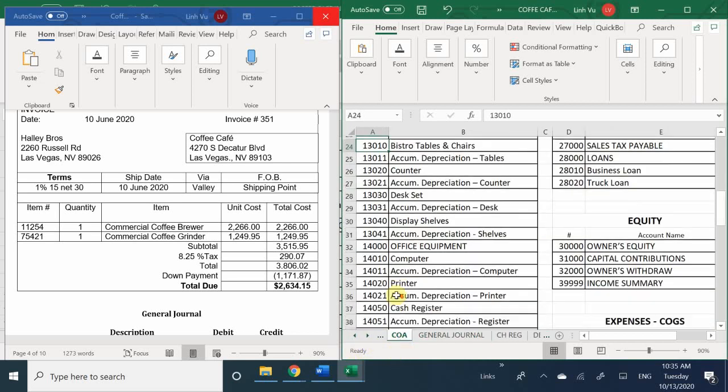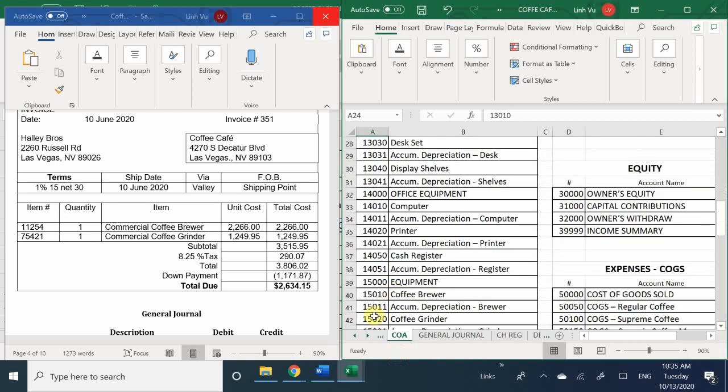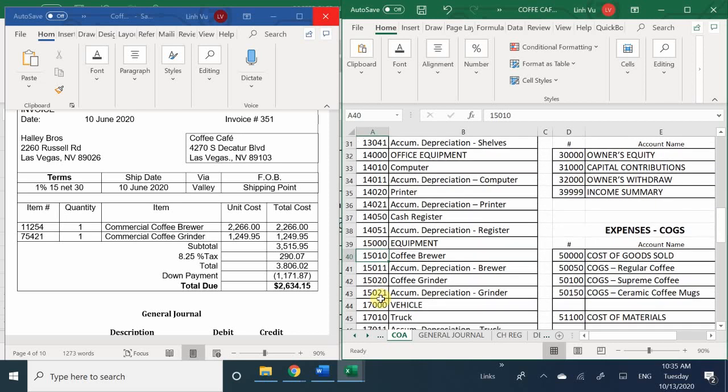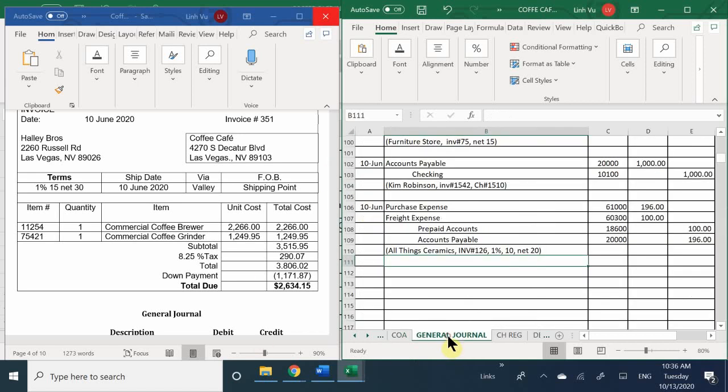The coffee brewer is chart of account 15010-1. Okay, good. And then what's the other one? Grinder is 15020.